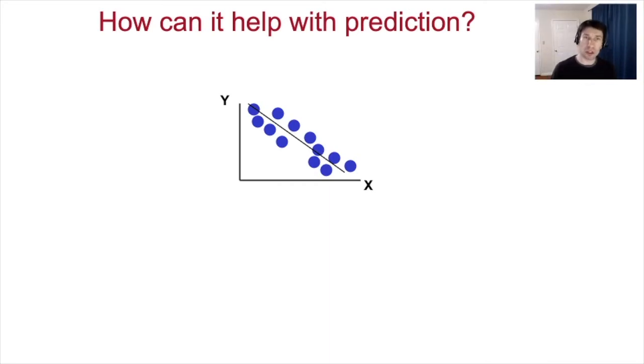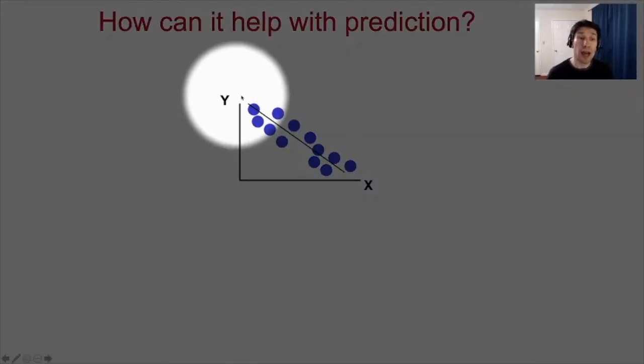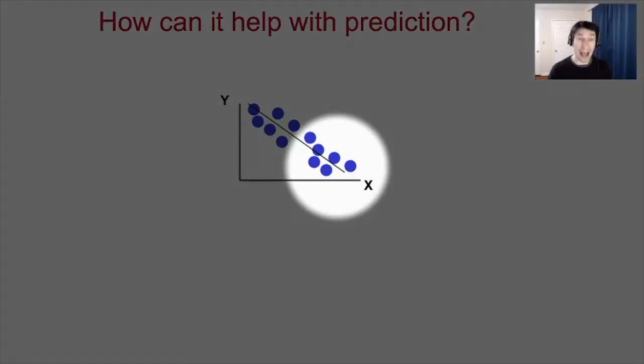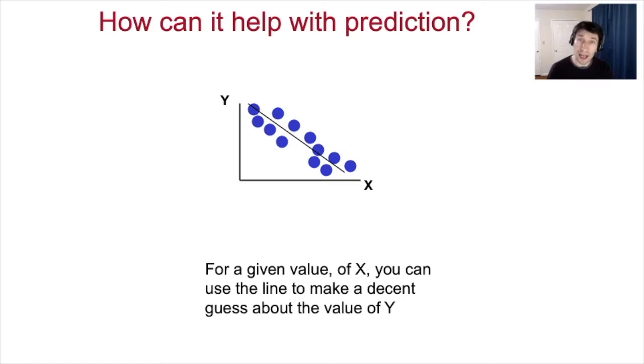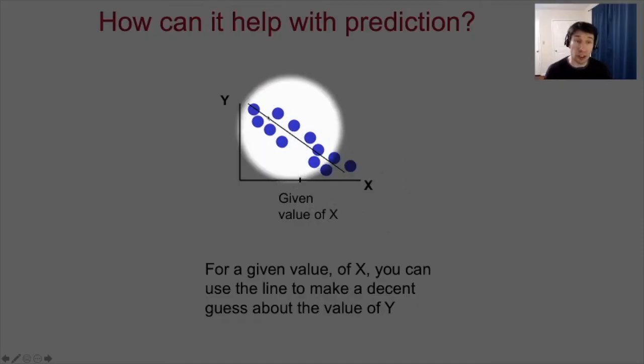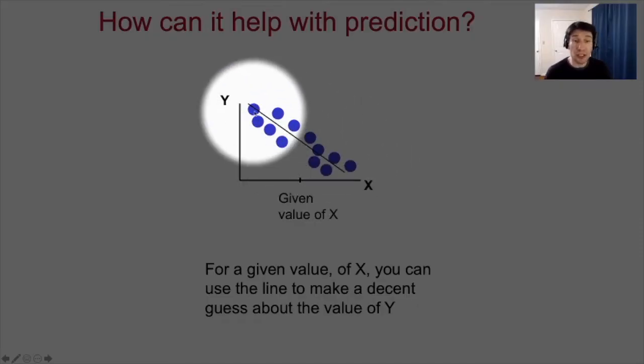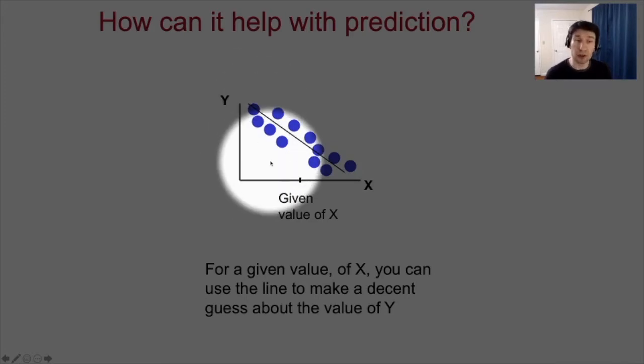So how does regression help with prediction? Well, when you have your plot of data here and you fit a line through your data, you can use that line to make a guess about what the value of y might be for any value of x. So here, for instance, you only have 13 values of x for which you know y.